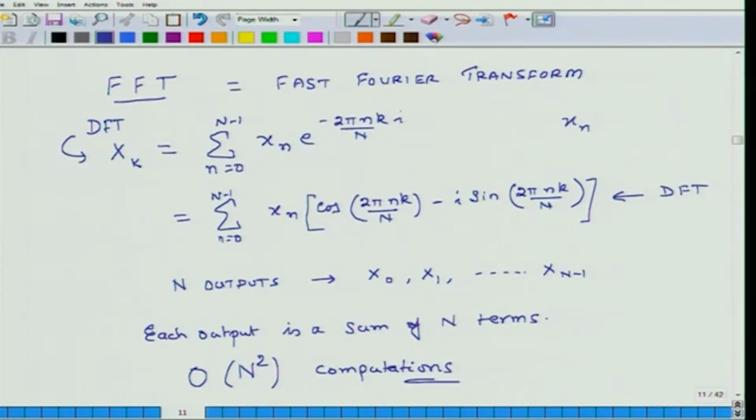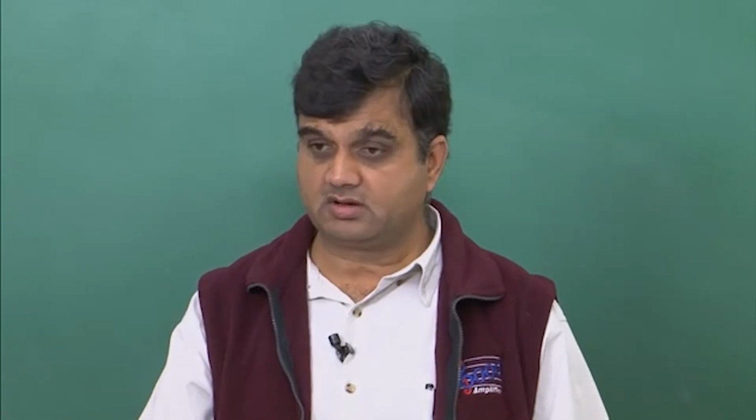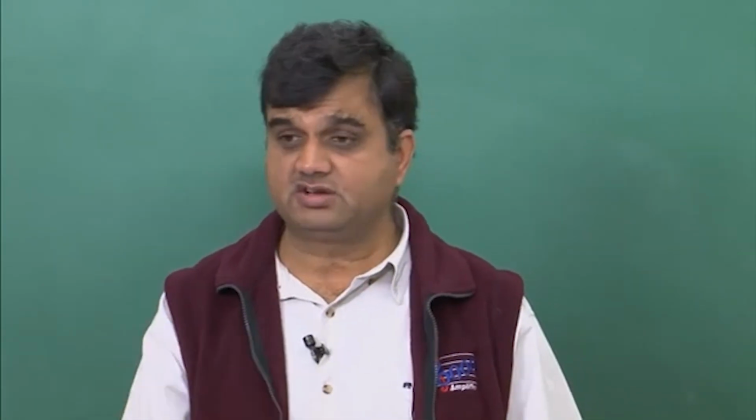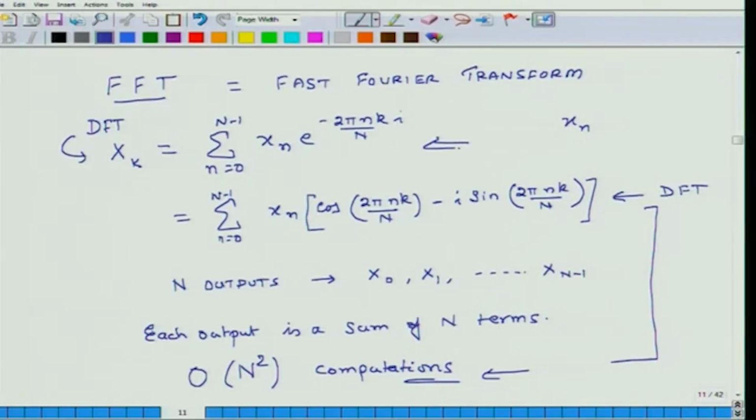So, that is what FFT is all about. FFT is basically the same. If you do this using the regular approach, you will end up with a number of computations of the order of N square. If you do it in a faster and smarter way, the formula is the same, the mathematics does not change, then you call it a fast Fourier transform.